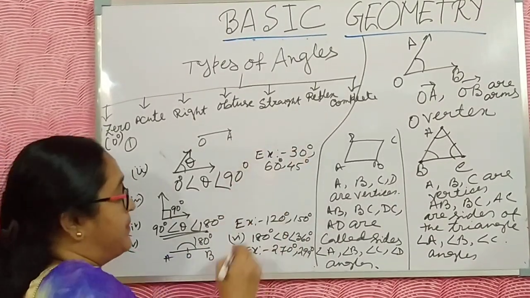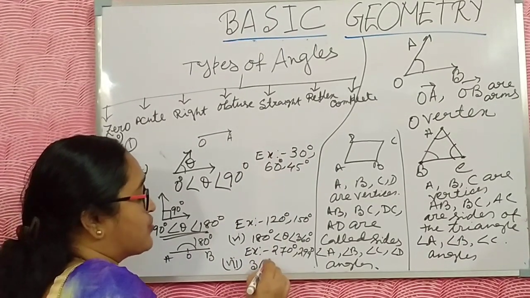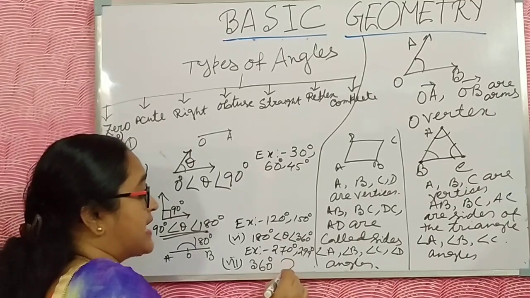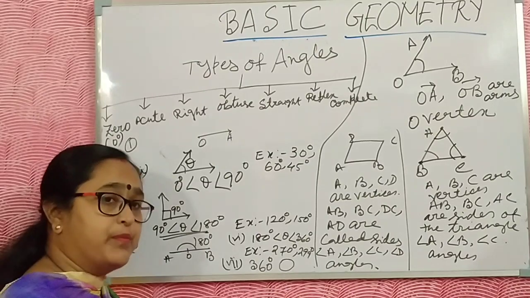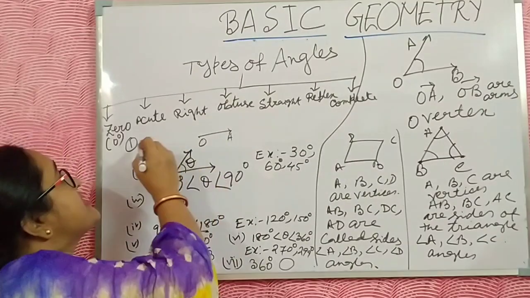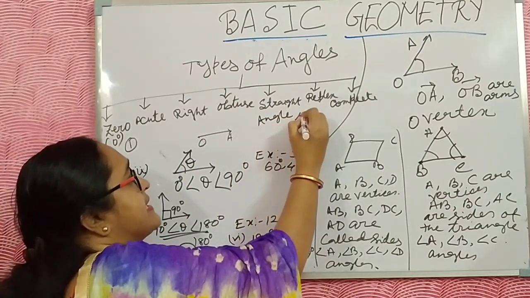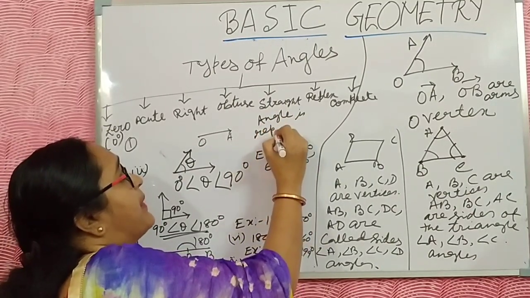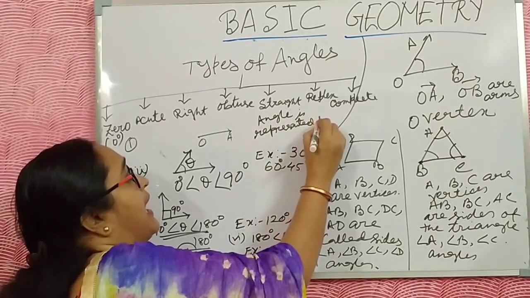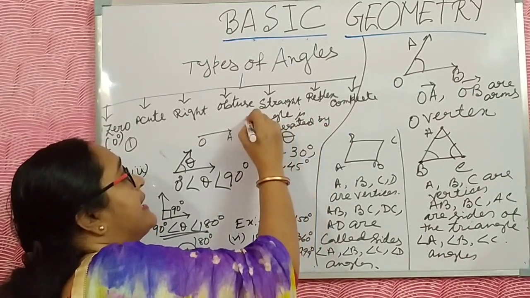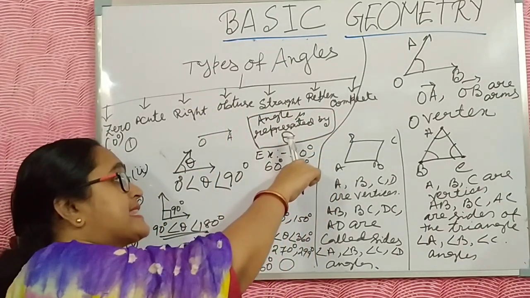And what is the complete angle? The seventh is the complete angle: 360 degree is called the complete angle. The circle is 360. This is called the complete angle. The angle is represented by theta. This is very important: the angle is represented by this sign.